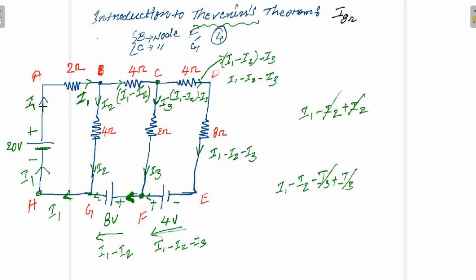Let us consider initially we started our journey from A, moved through some n number of branches, started from positive polarity and reached negative polarity. Whatever current comes out from the positive polarity, the same amount of current, I1, enters the negative polarity.